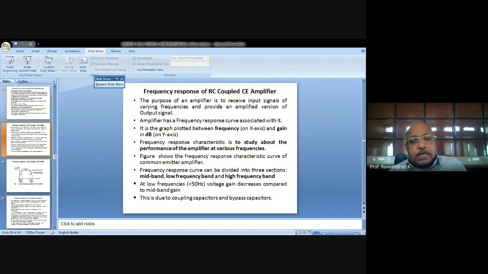Low frequency point, that is of the order of some 20 hertz, and high frequency point, that is of the order of 20 kilohertz or so. So only at low and high frequency ends, the gain deviates from the ideal value.